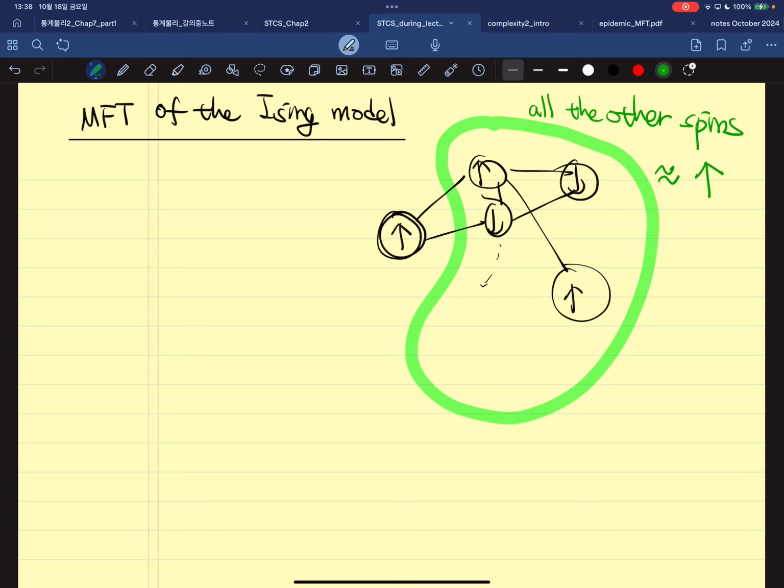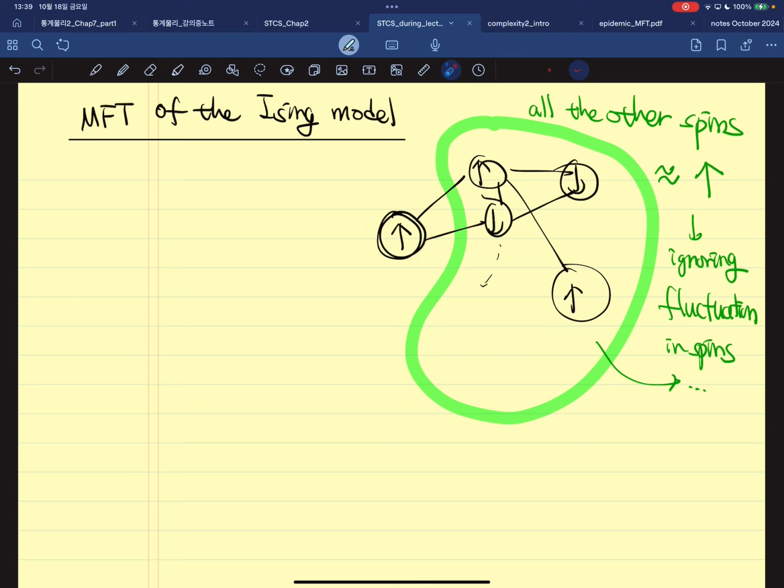So treating this enormous amount of spins as a single spin naturally ignores all the fluctuation in the spin variables within the group of all the other spins except for this spin.